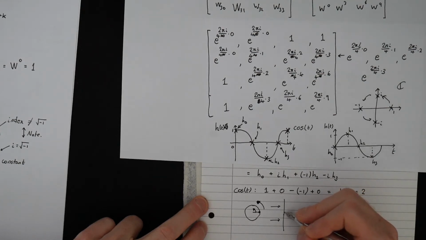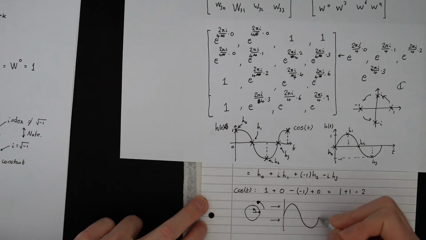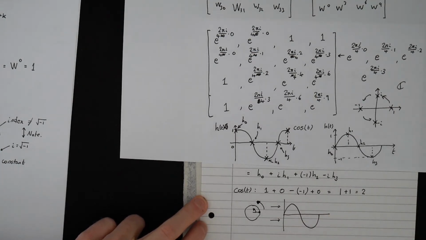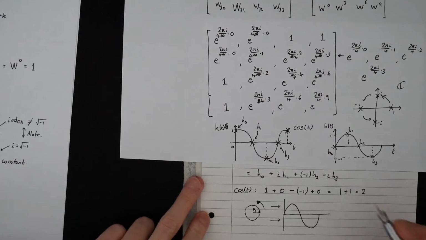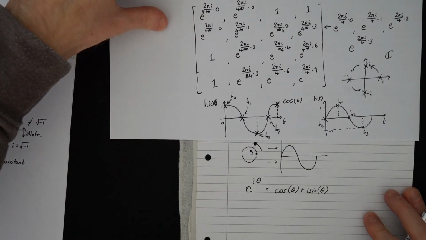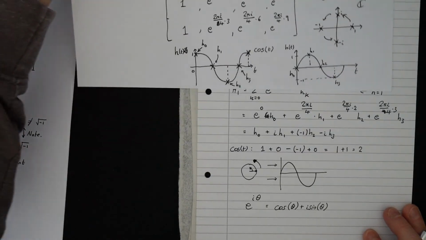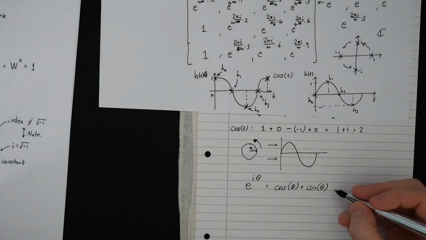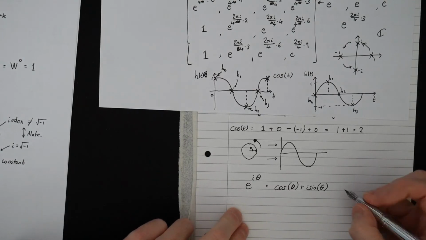This would actually be sine because of where I've started it, but the principle's the same. As this goes around, that's what you would see projected. I'm sure you're familiar with that anyway. And indeed, you also probably know this identity, which you can't see because it's gone off the edge of the screen. You have Euler's identity. Yeah?